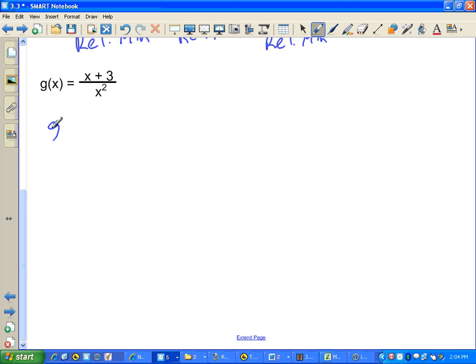All right, so I need the first derivative again. So quotient rule: bottom times derivative of the top, which is 1, minus top times derivative of the bottom, over the bottom squared. Distribute on the top.